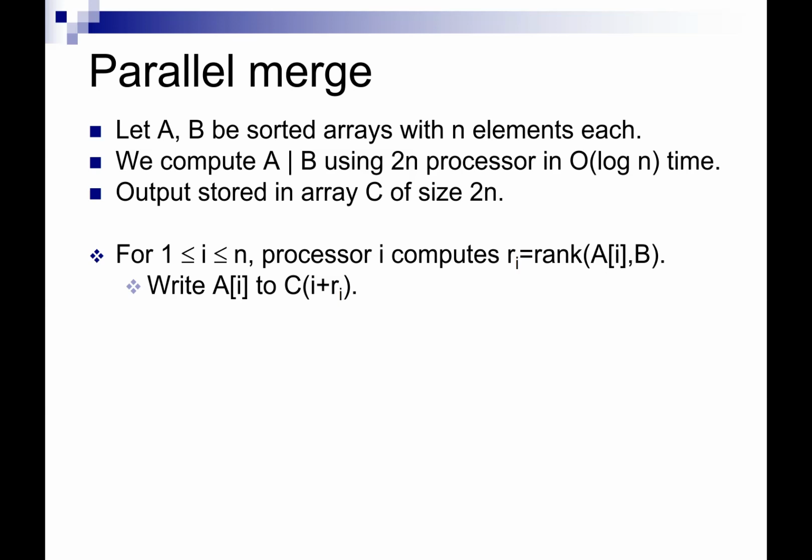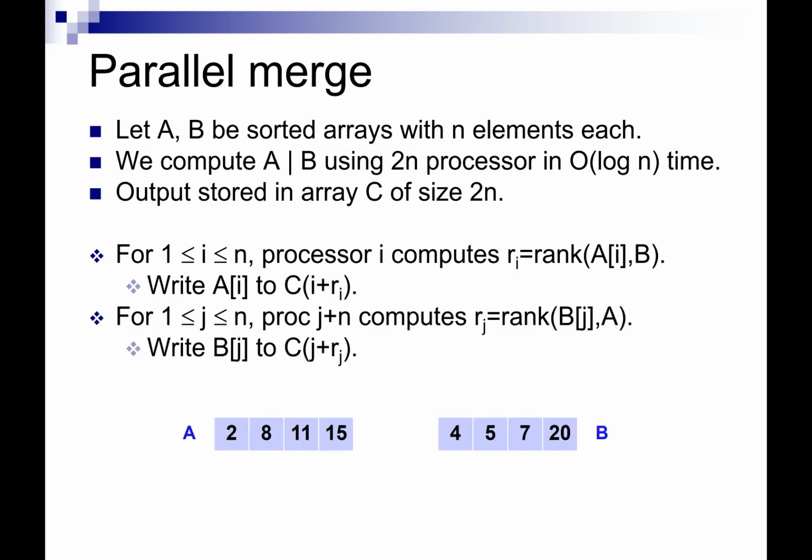And the way you do this is, we have 2n values overall, and you have 2n processors. So you assign one processor for each value. The ith processor is going to take care of the ith value in array A. So we have n processors here, and n processors here.